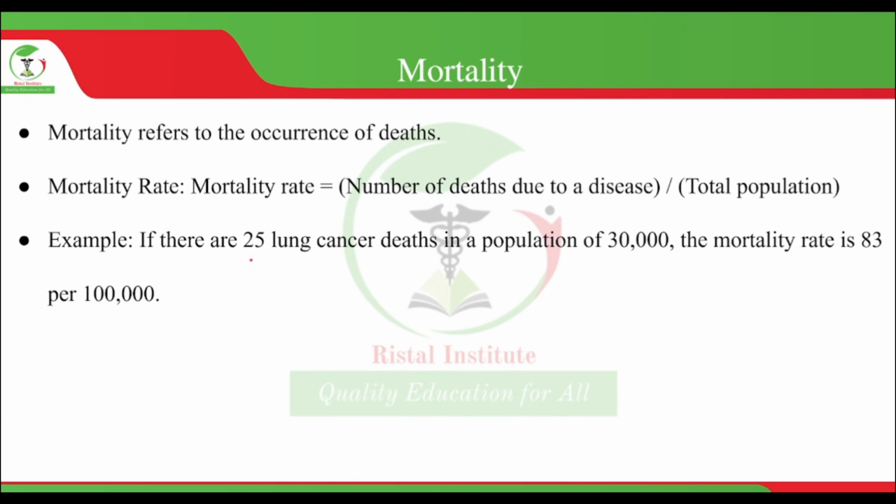So if you have 25 deaths that are happening in a population of 30,000 people, then the calculation is that you are basically having 83 deaths due to lung cancer per 100,000 people.